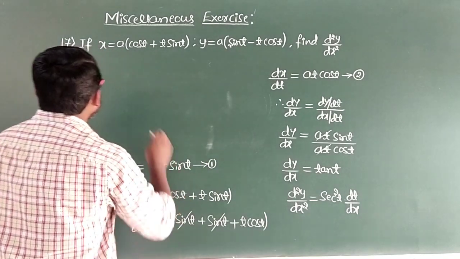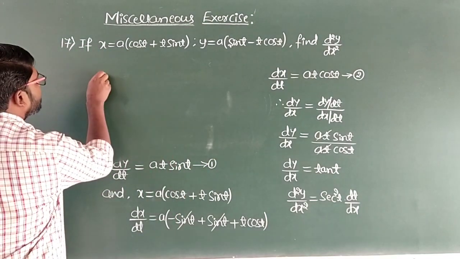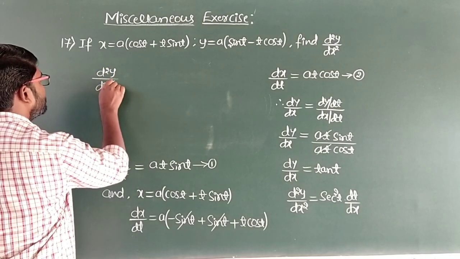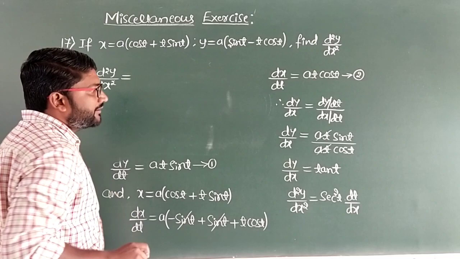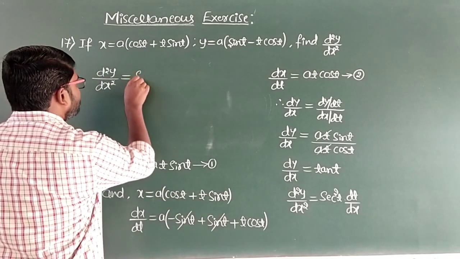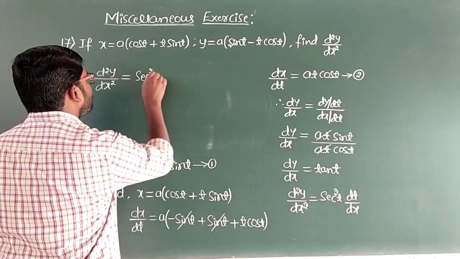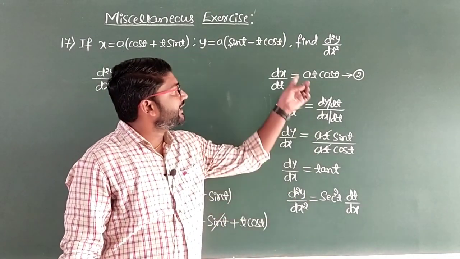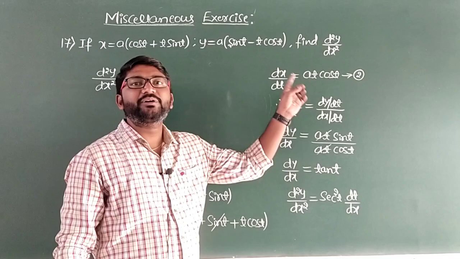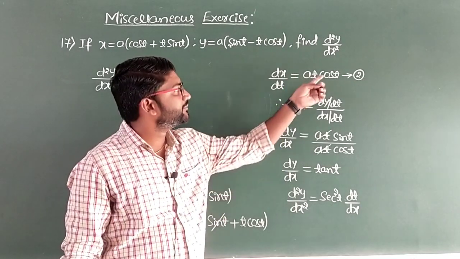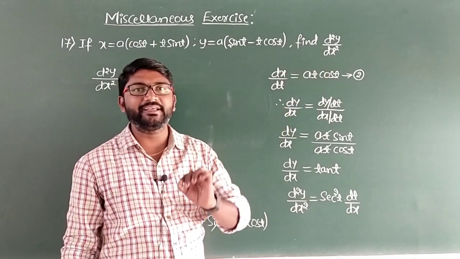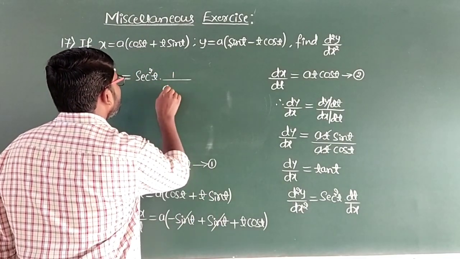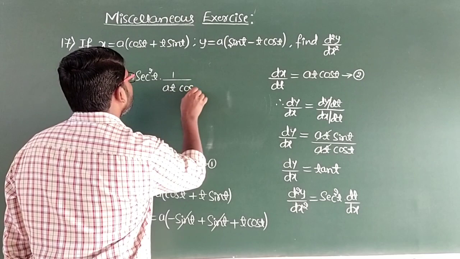So d square y by dx square equals, write secant square t as it is, now into dt by dx. Here we have dx by dt. Take the reciprocal, we get dt by dx. Reciprocal means we get 1 divided by a t cos t. So that is going to be our dt by dx value, 1 divided by a t cos t.